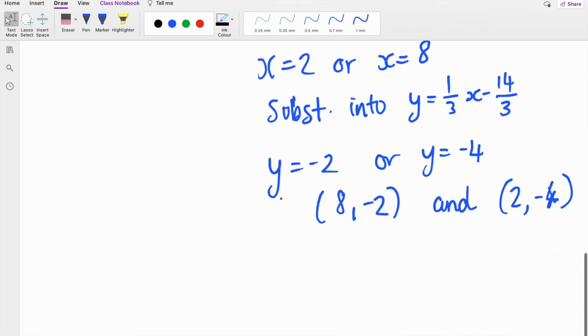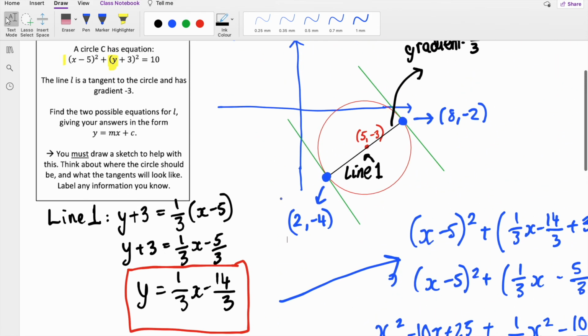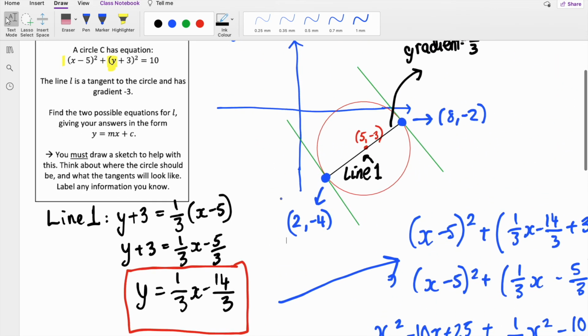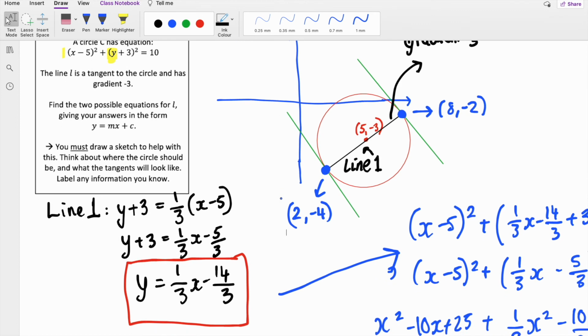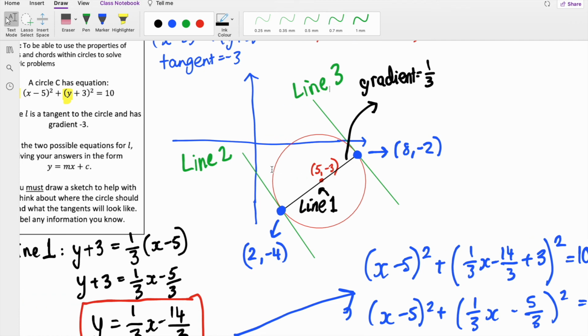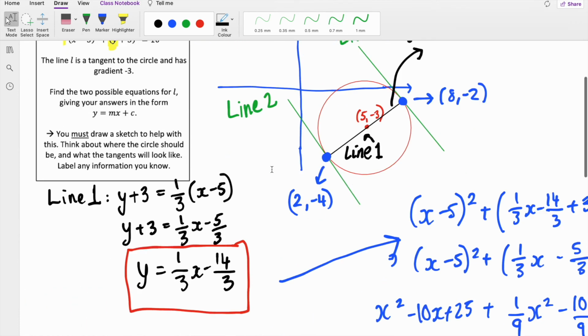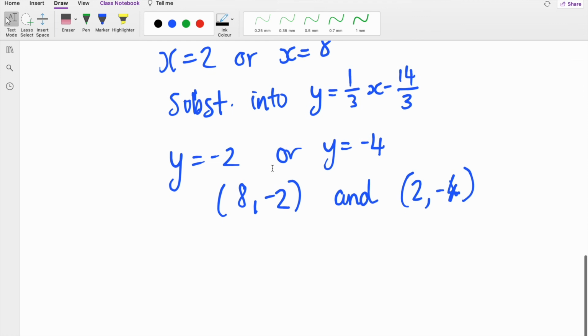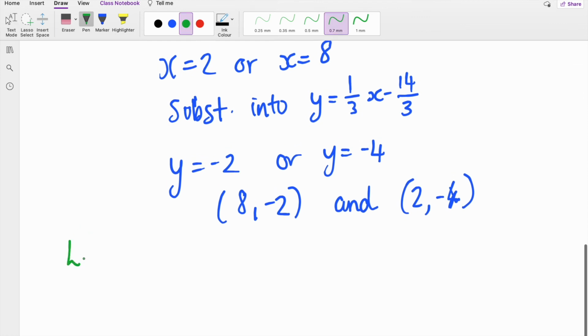So now it's just a case of writing them in the form y equals mx plus c. So I'm now going to label this line 2, and I'm going to label this one line 3, and I need to find the equation of both line 2 and line 3 to answer the question.